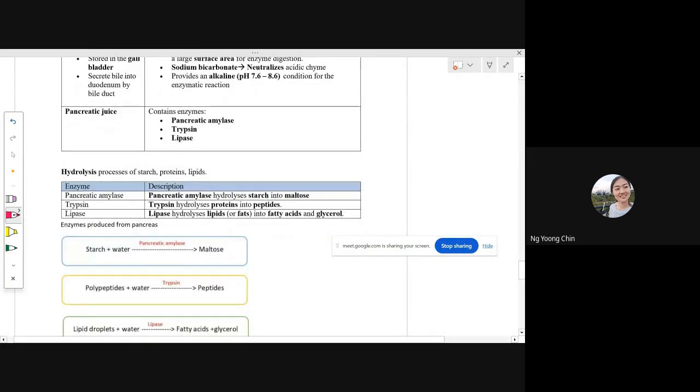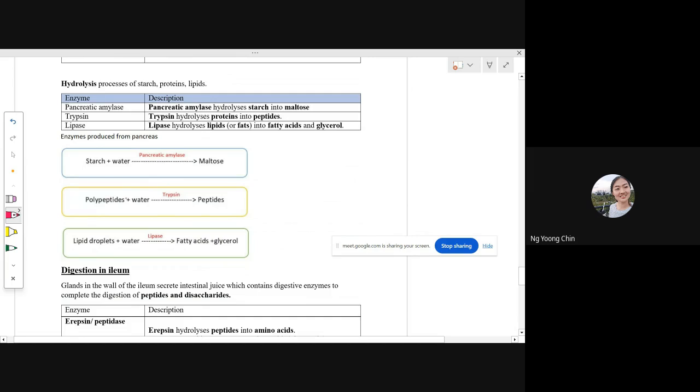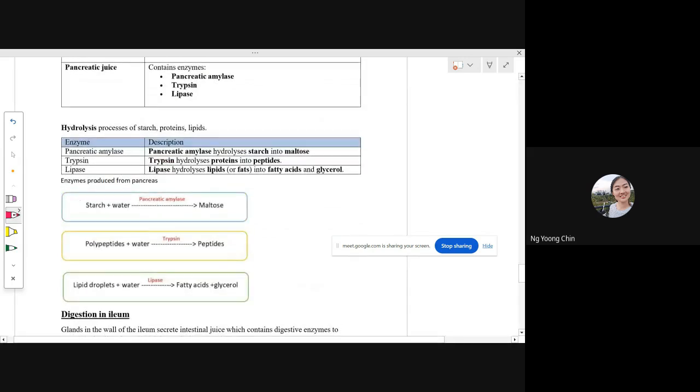Then trypsin is another protein enzyme, because it also helps in protein digestion, breaking down proteins into peptides. This is the equation of trypsin: polypeptide plus water converted into peptide. And then lipase breaks down lipid into fatty acid and glycerol.